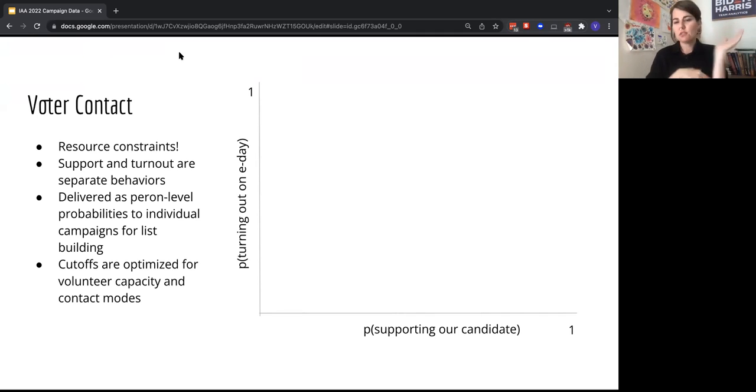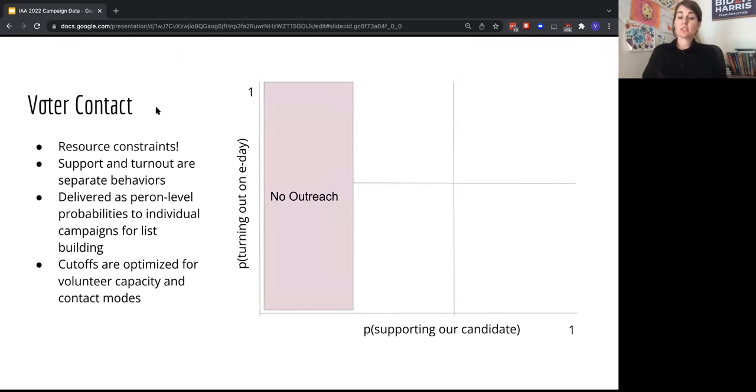So we can have these two axes here. One is the probability that you will support our candidate down here at the bottom. And the other is the probability that you will turn out on E-Day, which is election day. They both go out to one, being like, you will absolutely support our candidate, there is no doubt, and you will absolutely show up on election day to vote.